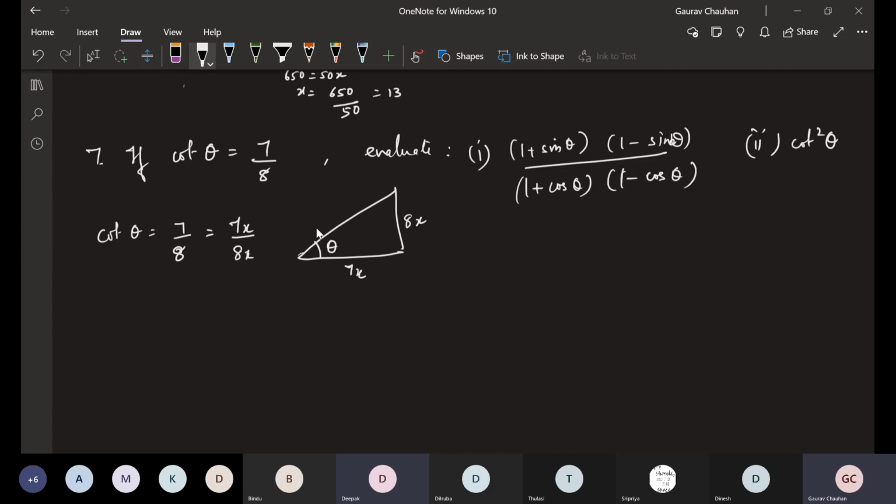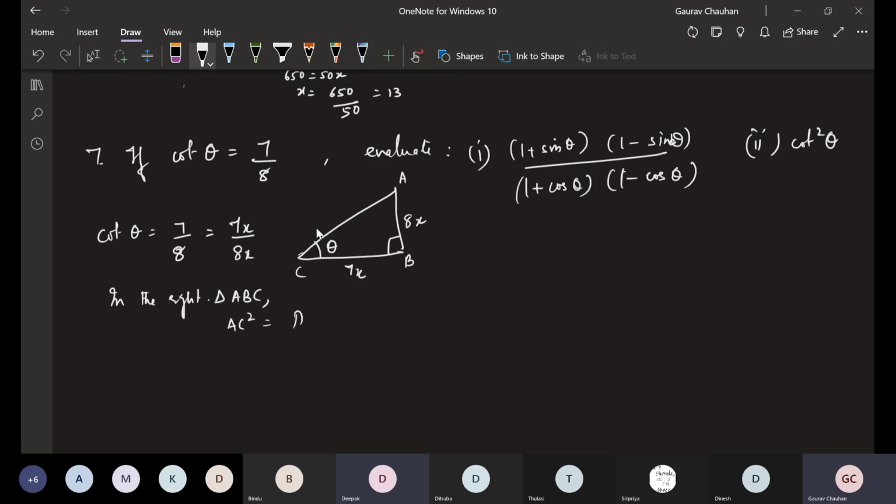Perfect. Then we'll write in the right triangle ABC. Let's mark it ABC. In the right triangle ABC, AB square plus BC square is equal to AC square.